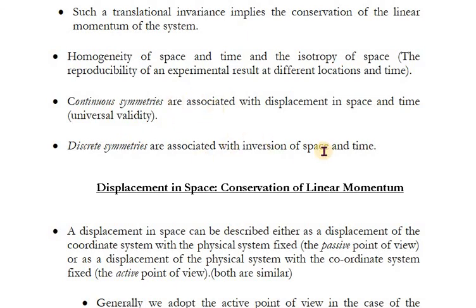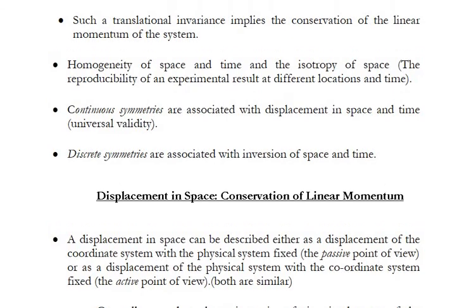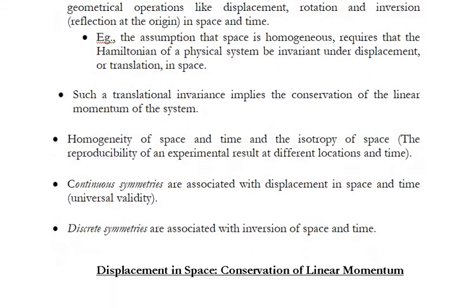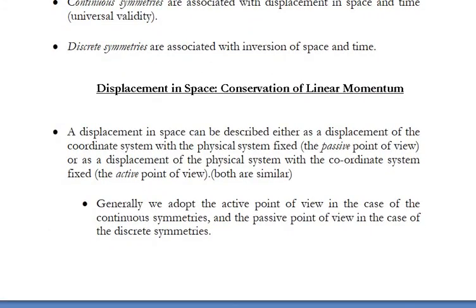Then displacement in space. Displacement in space describes the conservation of linear momentum. We have already seen this here. A displacement in space can be described either as a displacement of the coordinate system with the physical system fixed, the passive point of view, or as a displacement of the physical system with the coordinate system fixed, the active point of view.